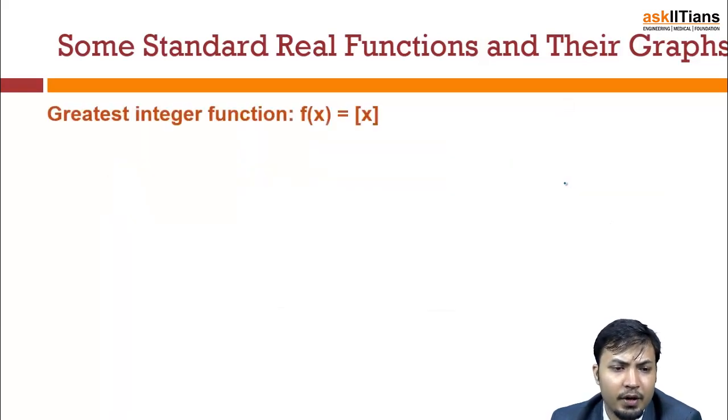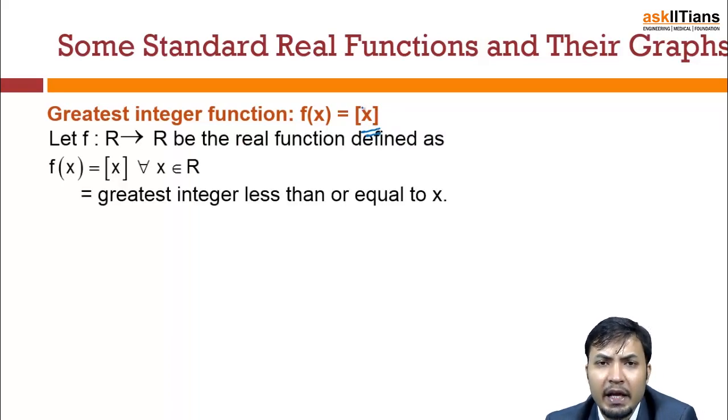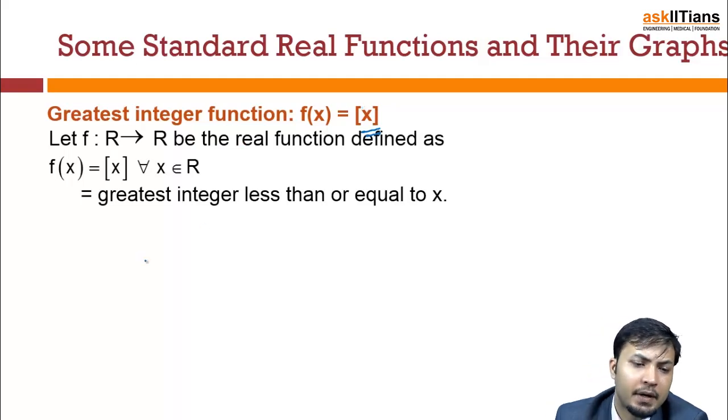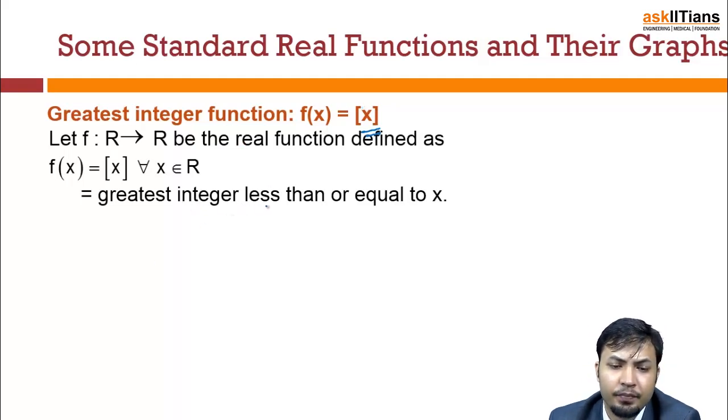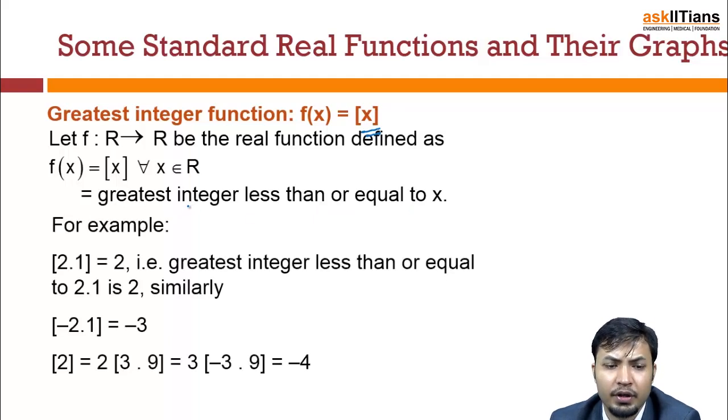Moving on to the next part, the greatest integer function. This is the bracket that signifies the greatest integer function. What is the greatest integer function? For any function from R to R, the greatest integer function gives the integer less than or equal to x. Now how do I understand this more clearly?